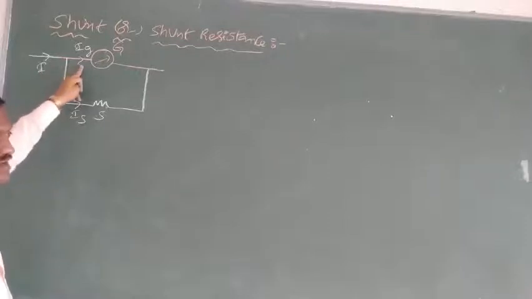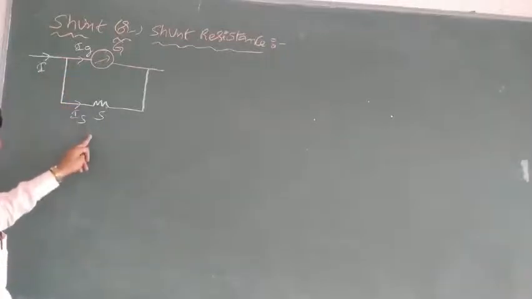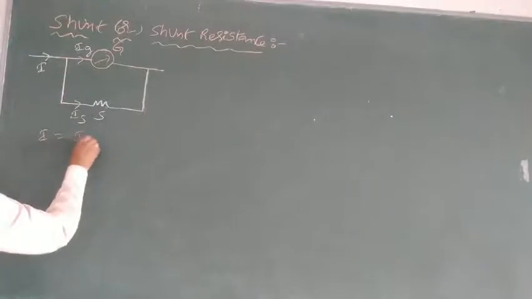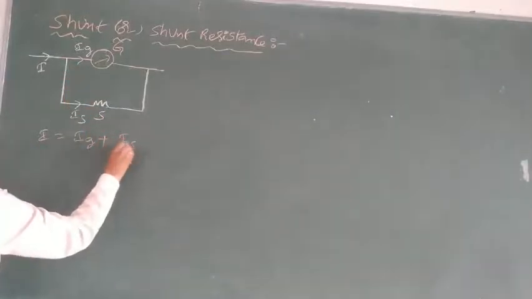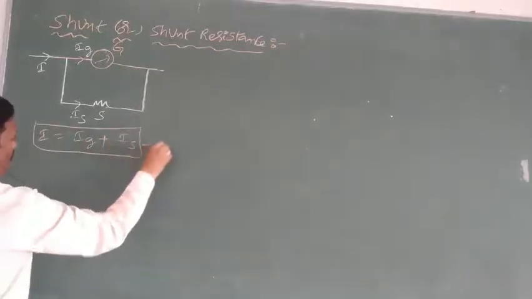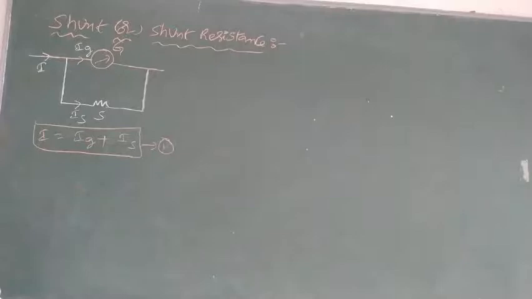Ig means current passing through the galvanometer. Is means current passing through the shunt resistance. So according to the diagram, the total current I divides into two parts, one part Ig and another part Is. This is the relation between all three currents.